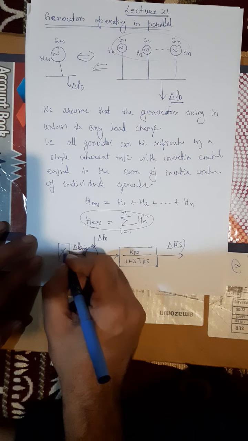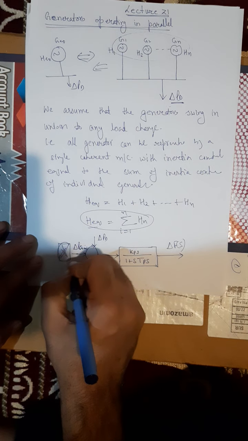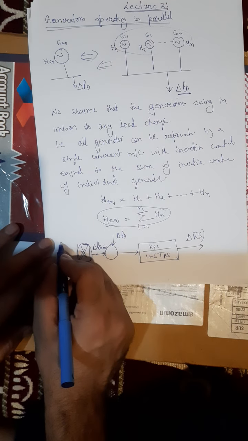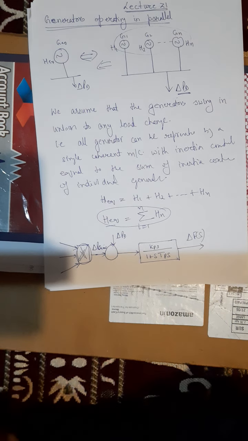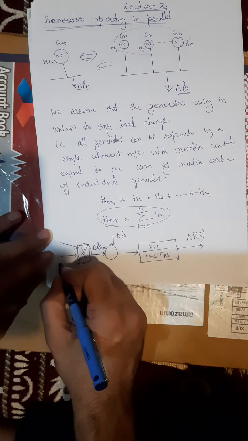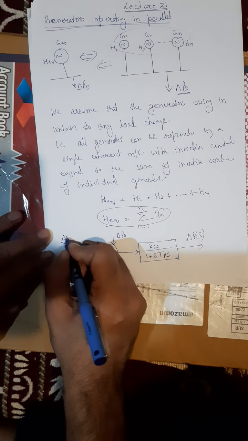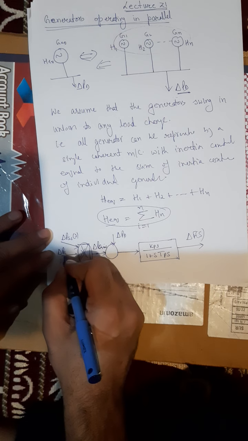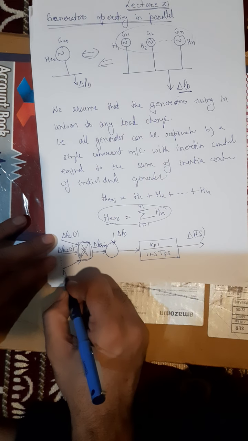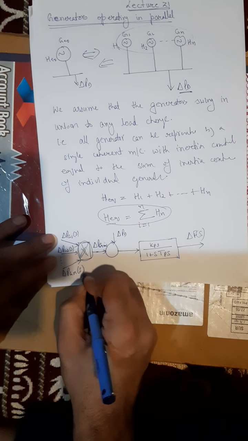If you take a summing point here, a circle, you will get n number of inputs: 1 input, 2 input, up to n. So this is delta PG1(s), delta PG2(s), and this is delta PGN(s).